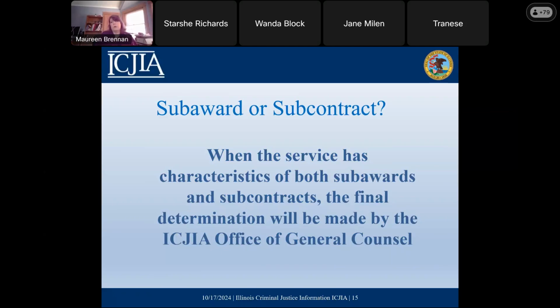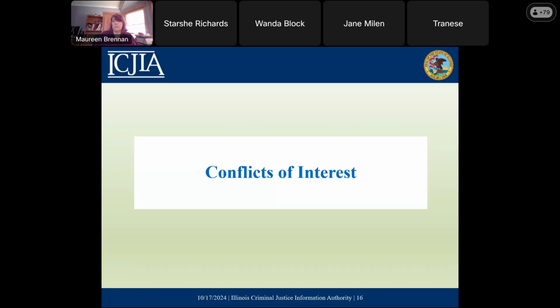In those rare circumstances where it's hard to determine whether they come down as a subaward or a subcontract, we're just going to hand that off to our lawyers in our Office of the General Counsel, and they will make that final determination how we're going to treat that other agency, as a subrecipient or as a subcontractor.